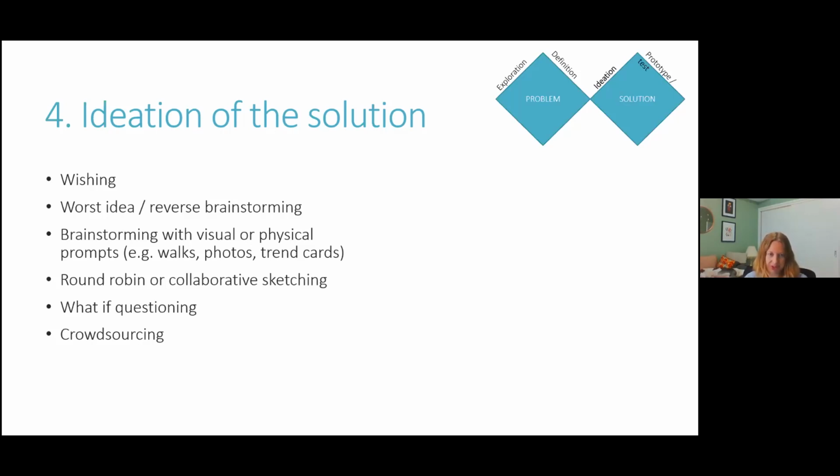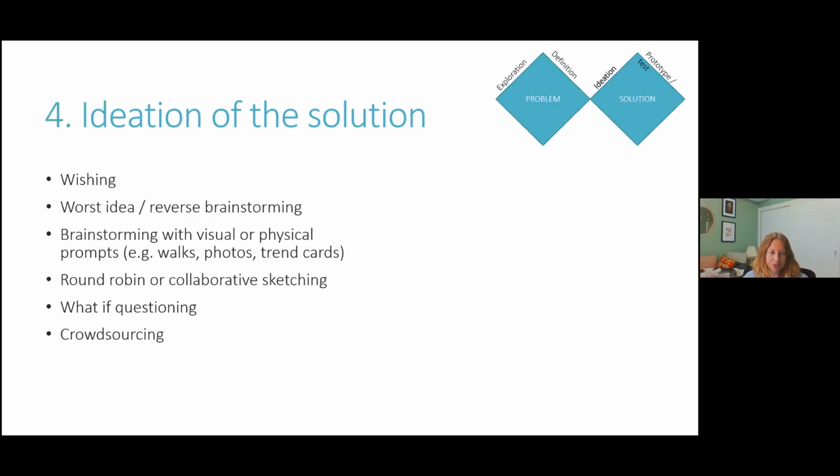I think some of the things that contribute to issues with group brainstorming is that it can lead to groupthink. The group suggests a particular direction and everyone follows. It can also, obviously, favor extroverted personalities over more introverted personalities and those sorts of things.